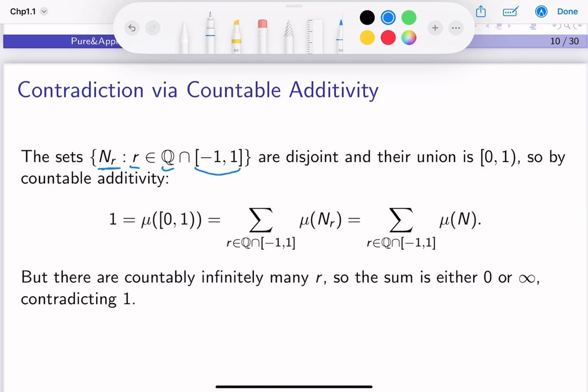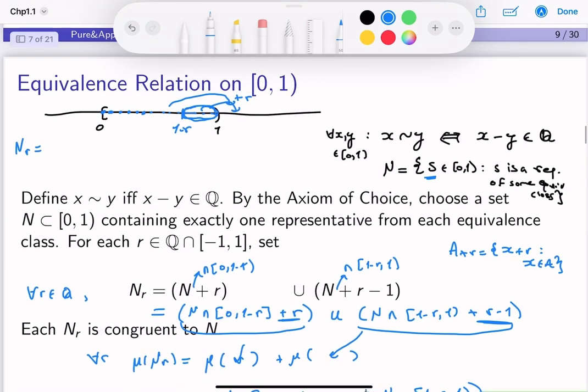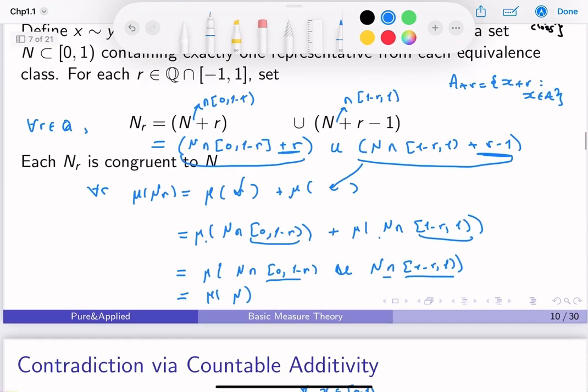Okay, so these N_r's are going to cover [0, 1], and the reason is every x in [0, 1] falls in one of the representatives, right? Because it's going to belong to one of the equivalence classes, because this equivalence relation is going to partition [0, 1], because we're defining it on [0, 1].